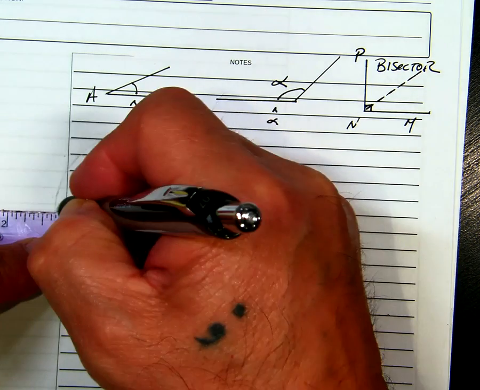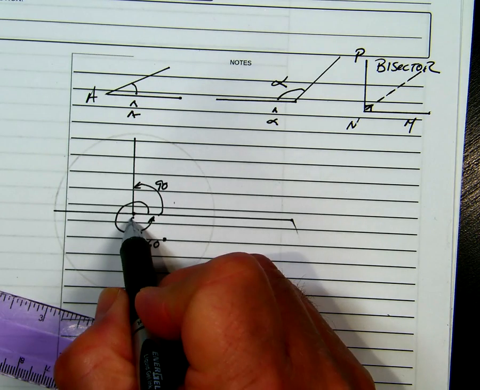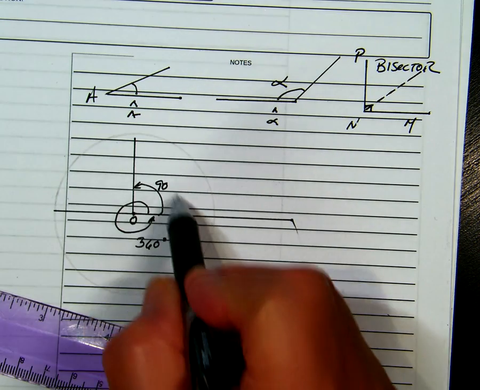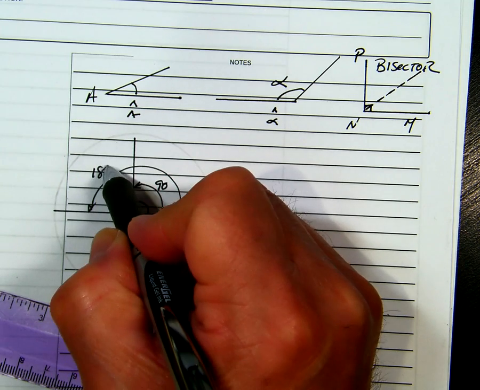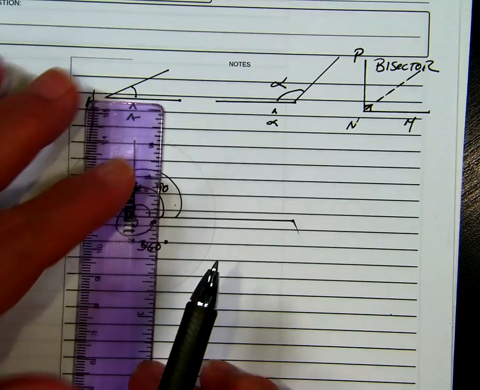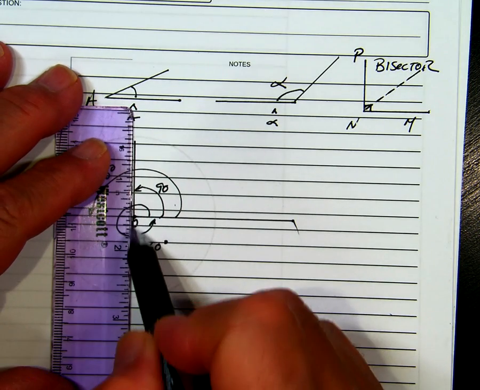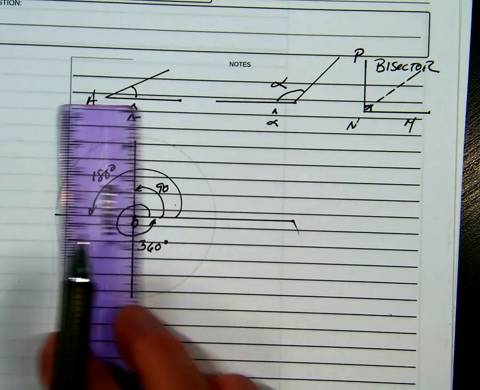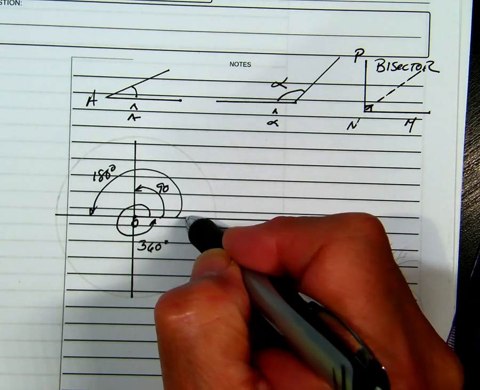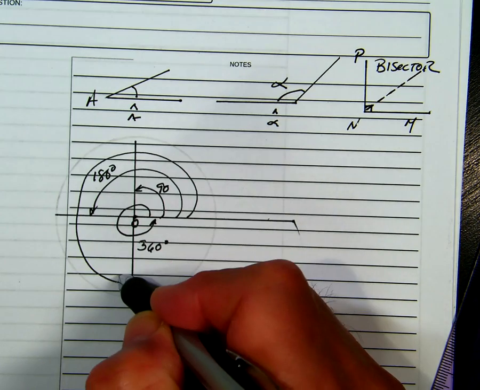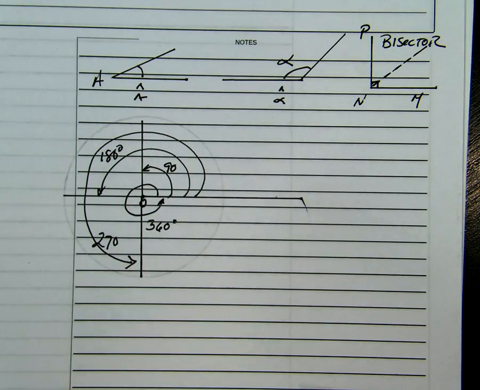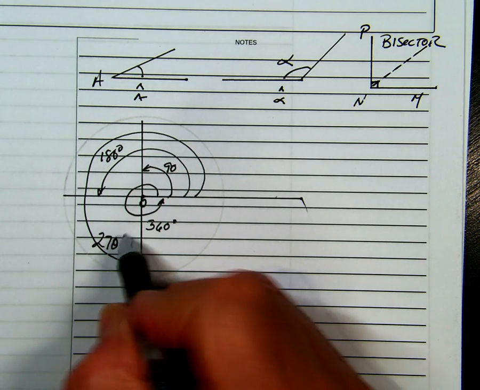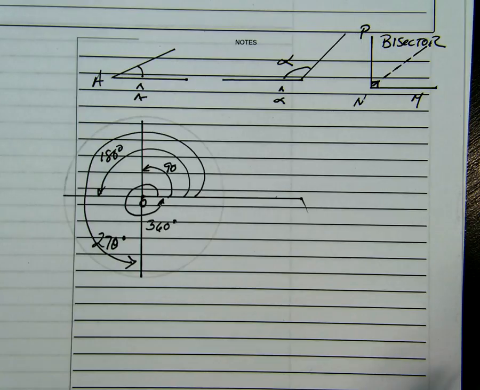That angle from that center O, the circle, all the way up to that would be 180 degrees. And if we go down all the way to the bottom, that would be 270. So you get the idea, 270 degrees or so, all the way to 360.